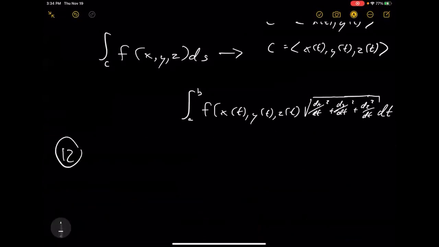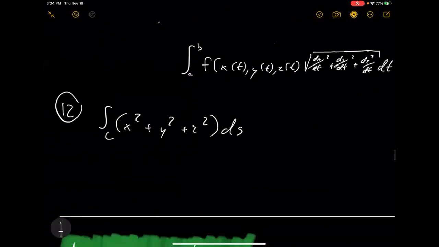Number 12, we want to integrate x squared plus y squared plus z squared. We're given this problem, and we're told C is equal to the curve, and they actually give us the parameterization for the curve.